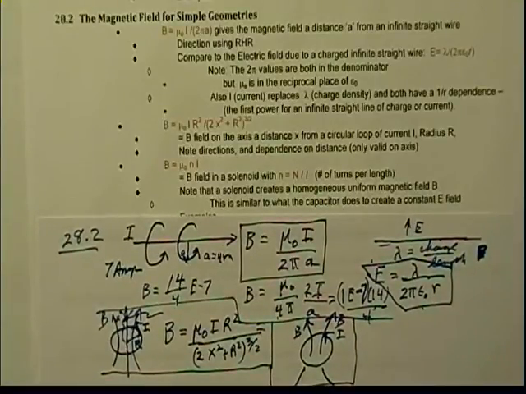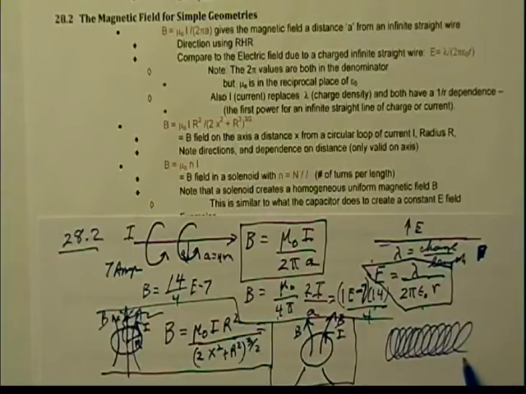And I'm going to look at a solenoid, and a solenoid is where I have tons of different loops. And of course the current goes out here and it comes in here. And I can say, okay, if I have N, which is the total number of turns divided by the length, and this would be the length.